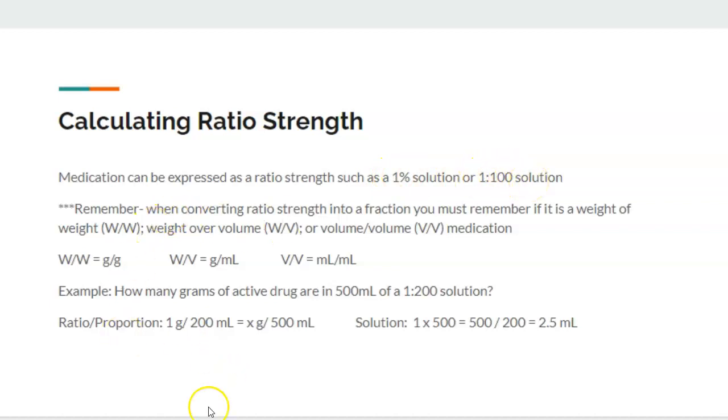Now remember, and I'm going to make this very clear, when you're converting ratio strengths into fractions, you must remember if it is weight over weight, weight over volume, or volume over volume. You must be very well aware of the units that go along with each one.